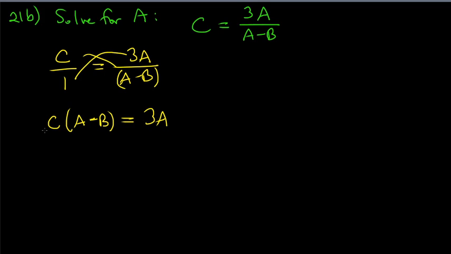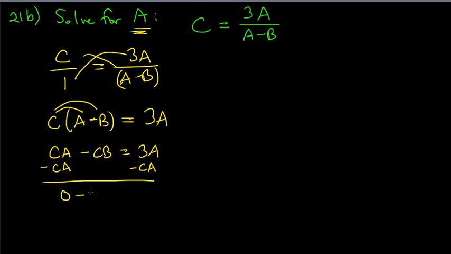Okay, we're solving for a. Now we can distribute the c here, right? So we have c times a minus c times b is equal to 3a. Keep in mind we're solving for a, right? So I want to get this a and this a on the same side. I guess I can do that by subtracting ca from both sides.